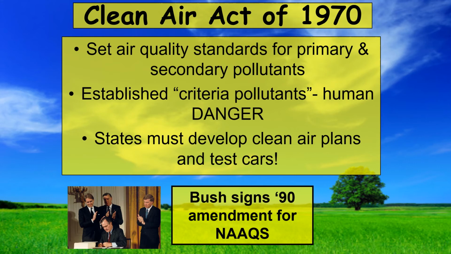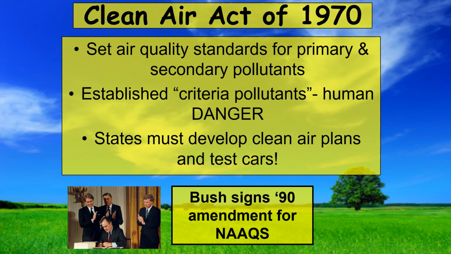Here in California, we have one of the most stringent clean air plans out of all of the states. There are these things called smog tests that you have to get your car to pass every 5 years, and if the car is older, sooner than that.